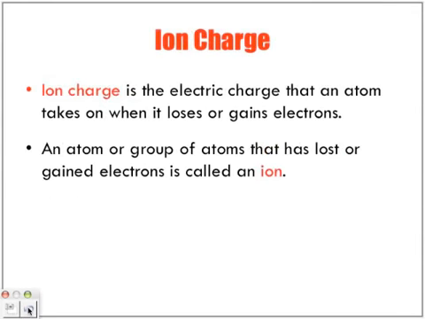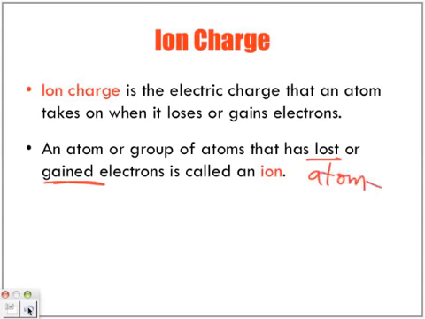Ion charge, and we're going to talk more about ion charge in later chapters when we're comparing the difference between an atom and an ion. The ion charge is the electrical charge that an atom takes on when it loses or gains electrons. So an atom or a group of atoms that has lost or gained electrons. Only if they have lost one or two or more electrons, or have gained an electron, is the atom no longer called an atom.